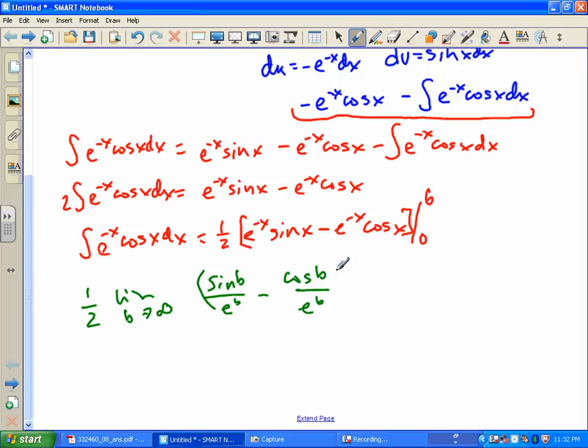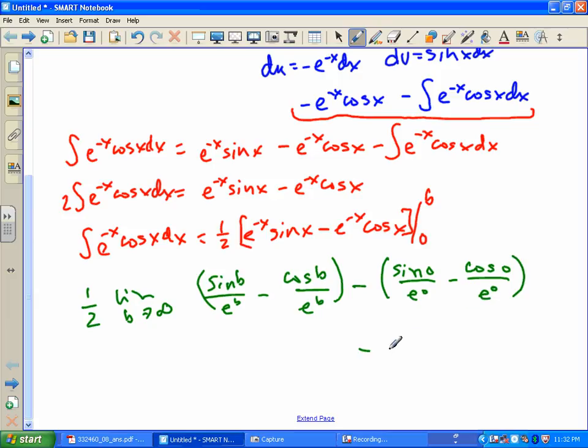Notice this turns out to be my f of b minus my f of a, which is sine of 0 over e to the 0 minus cosine of 0 over e to the 0.